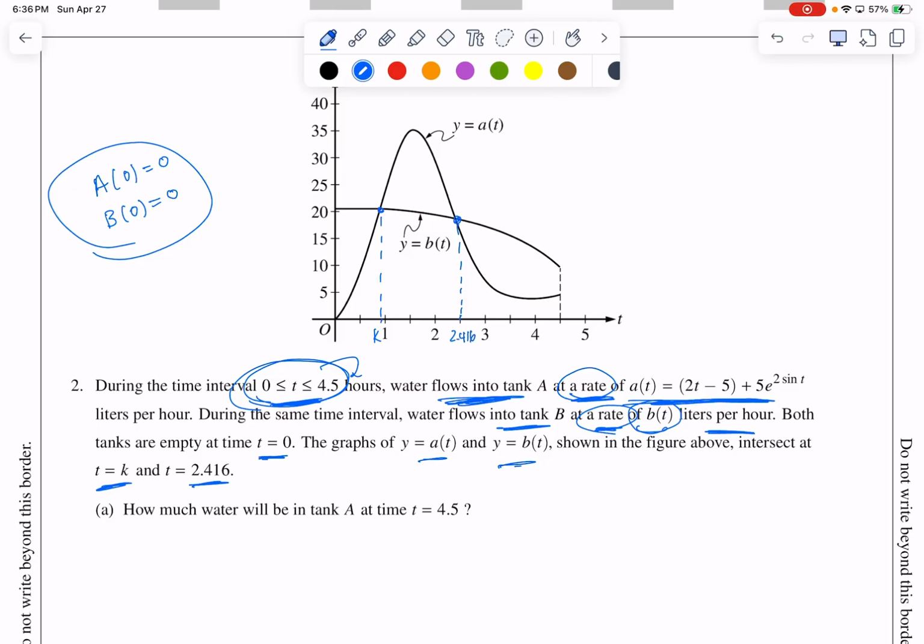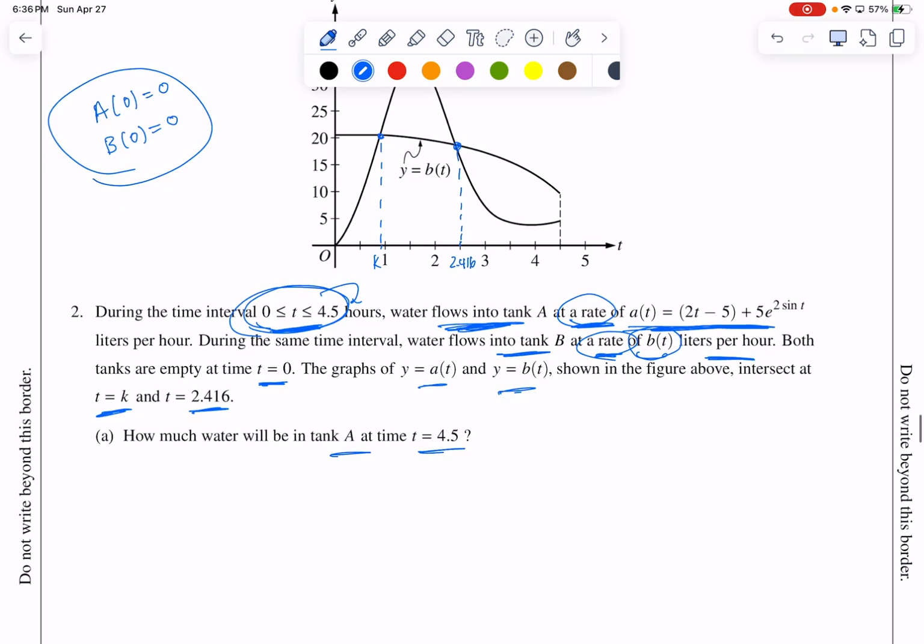How much water will be in tank A at 4.5? All right, so if I want to figure out how much water, first of all, how much water's in the tank in the beginning? 0. So there is a start value. It's 0. So if you do start plus displacement, you're going to have 0 plus how much displacement there is for A of t. So how do I set that up? And this is 2 points, by the way.